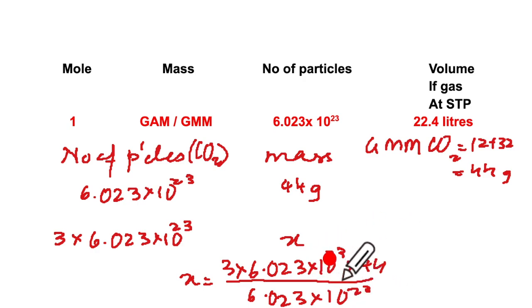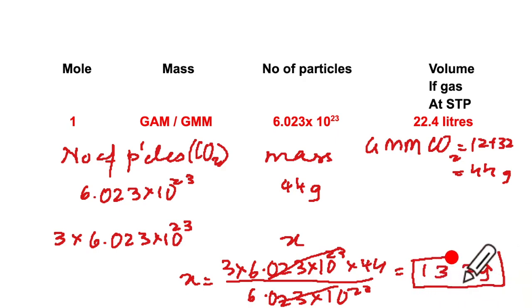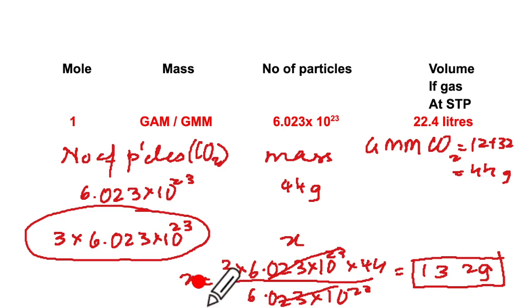If this is the case, then this Avogadro's number will get cancelled. And 44 multiplied by 3, 3 4 12, carry 1, 132 gram. That would be the mass of these many particles, means molecules of CO2.